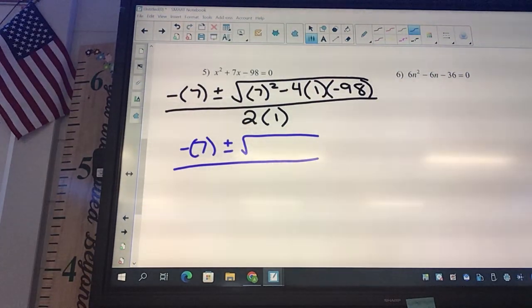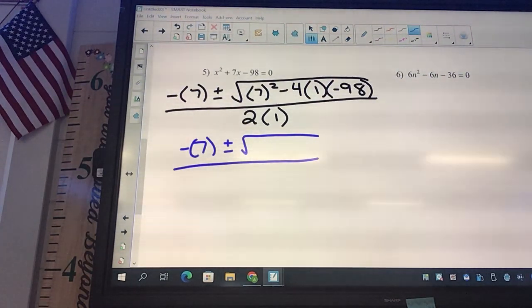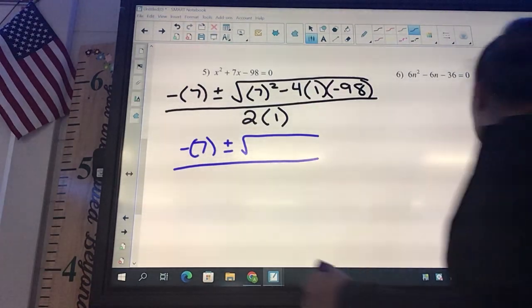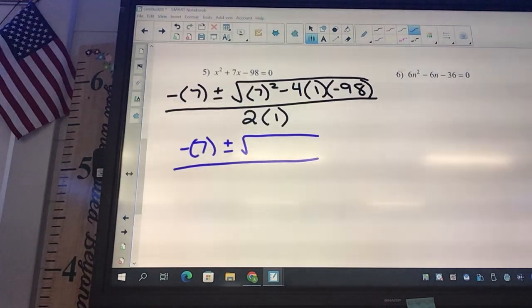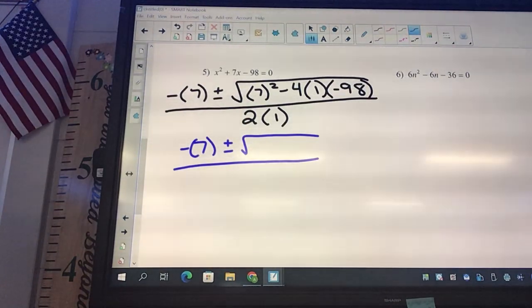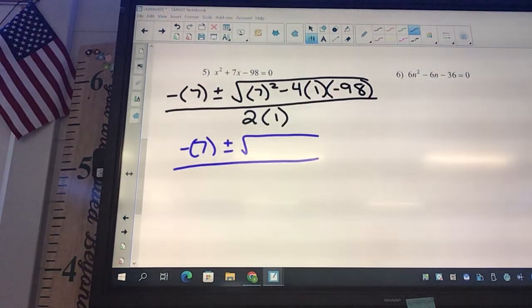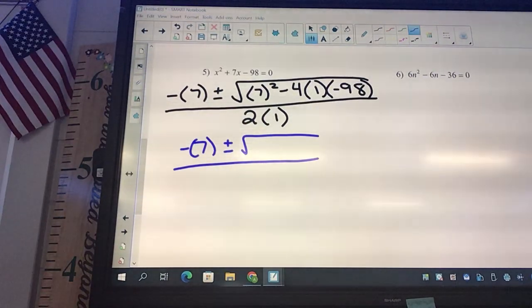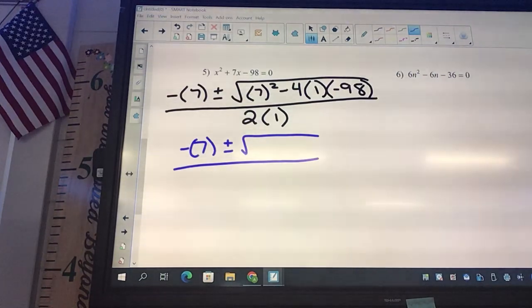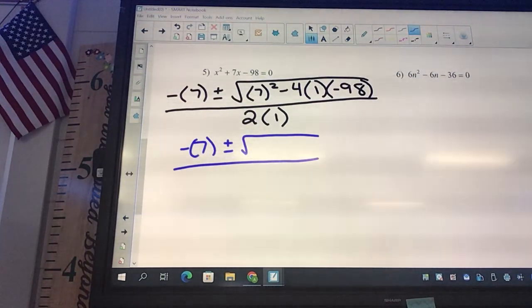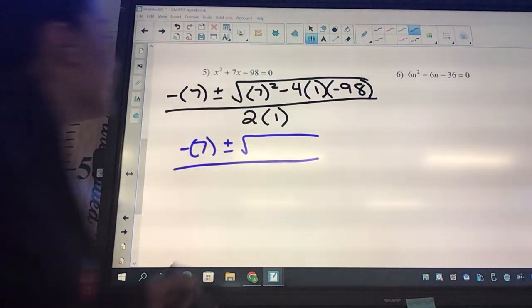Okay, what are you going to get for underneath the square root? 1575? Who else? Huh? 441? 441? Okay.